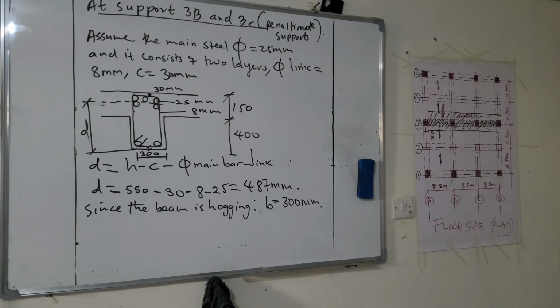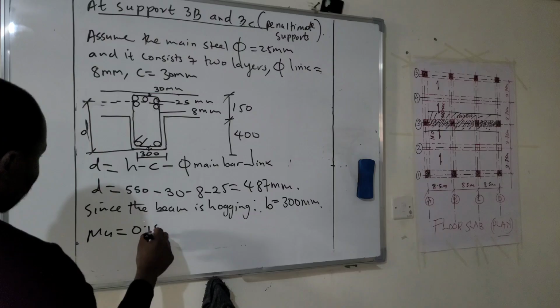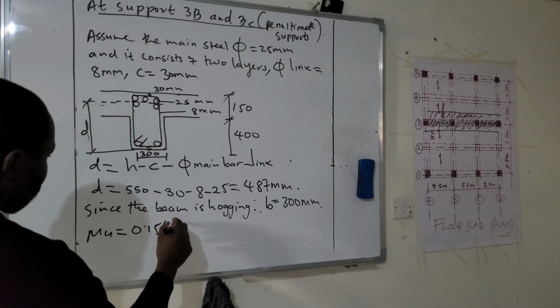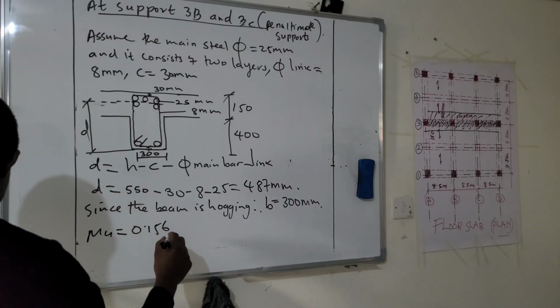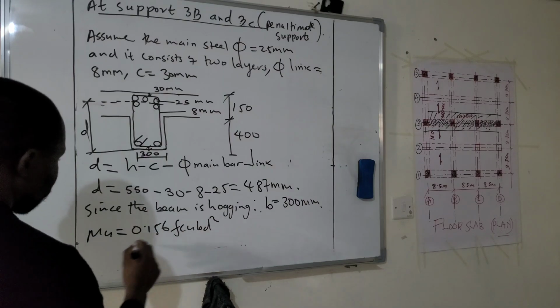So for this one, we will check whether we will provide a compression reinforcement or not, because it has a negative moment. To check, we first calculate Mu, which is equal to 0.156 FCU B D squared.